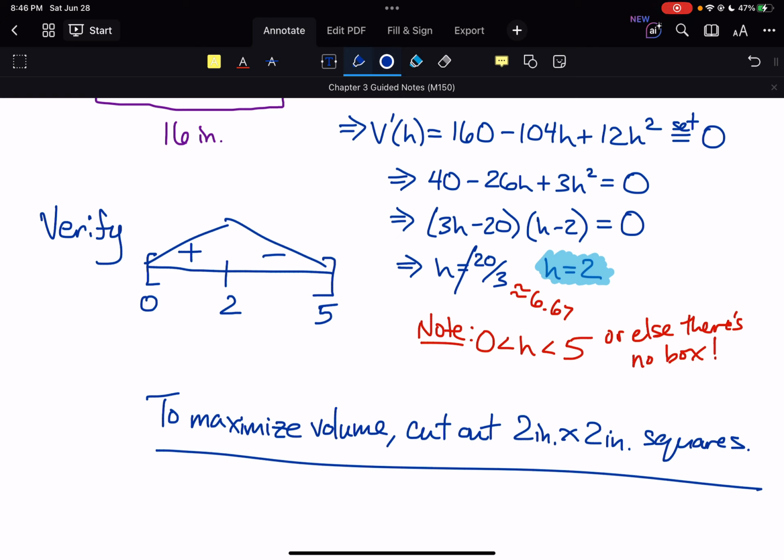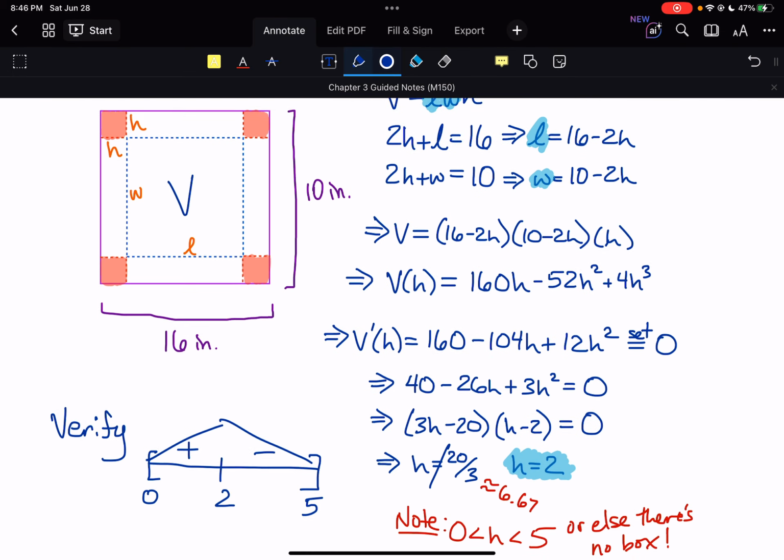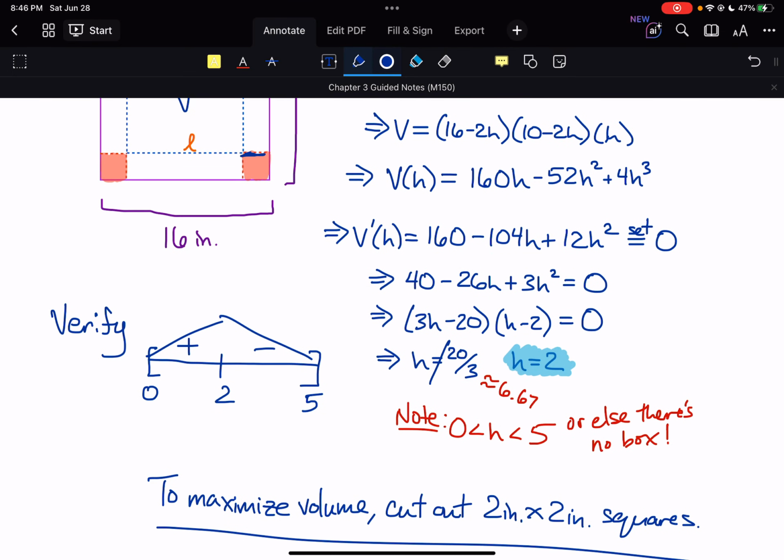So that will give us the largest possible volume for the box by taking these cuts to be 2 inches wide each.